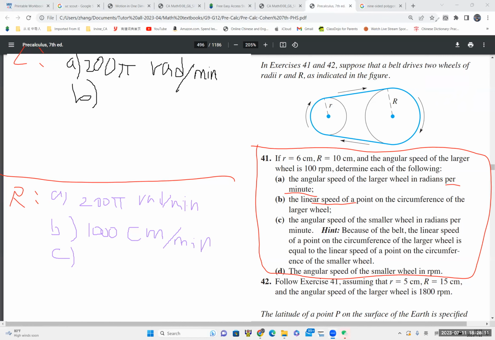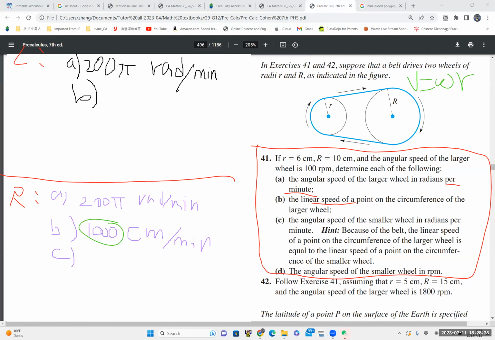So why did you get this answer? Why 1000? Because isn't the formula the radius times the rotation speed, the linear speed? V equals angular speed, we call omega, times the radius, right?